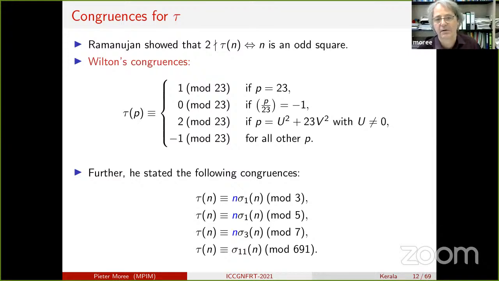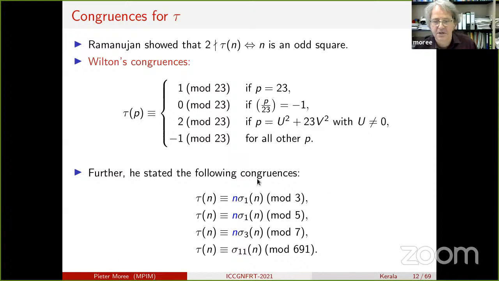Well, if you look at tau n modulo 2, it's very simple to see that tau of n is odd only if n is a square. He looked at it modulo 23, and this was later written down more precisely by Wilton. So there we have a very simple description of what tau of p modulo 23 is.